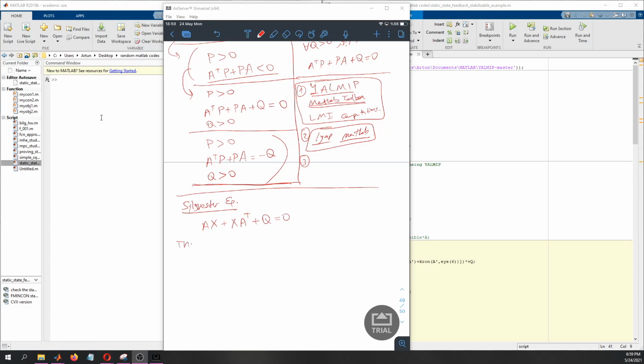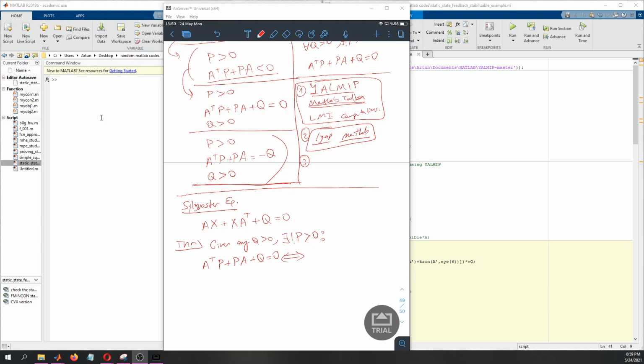The theorem is the following: given any positive Q, there exists a unique positive P such that A transpose P plus PA plus Q equals 0.